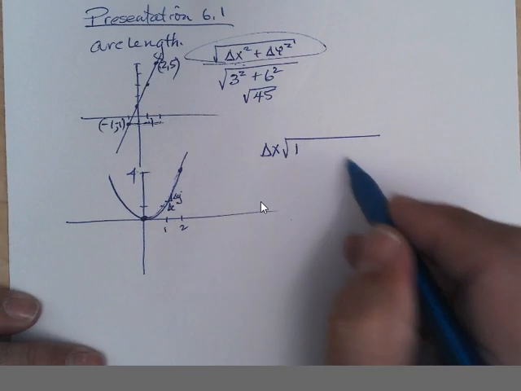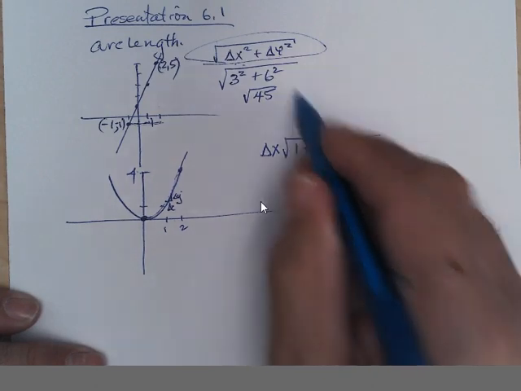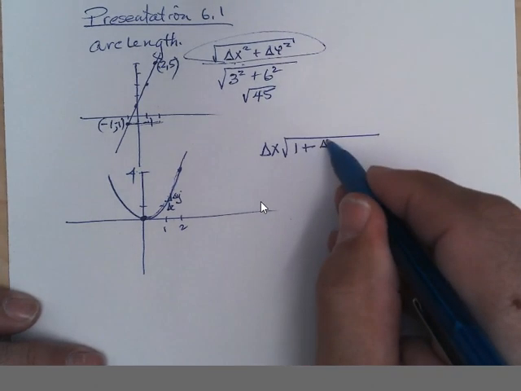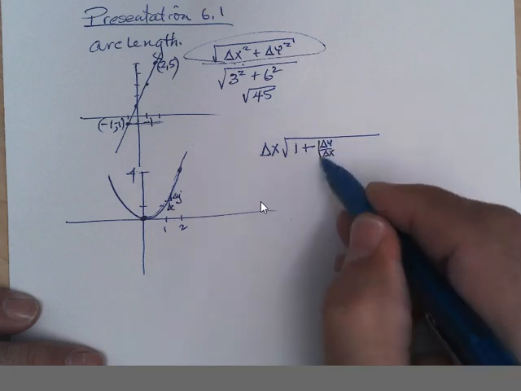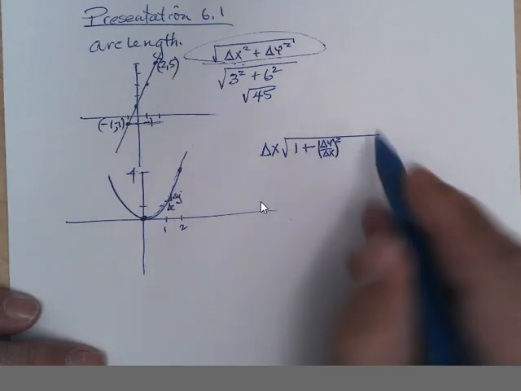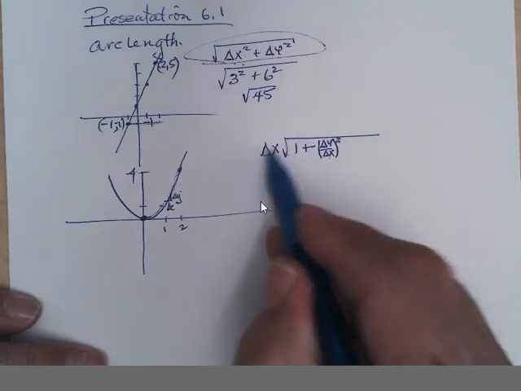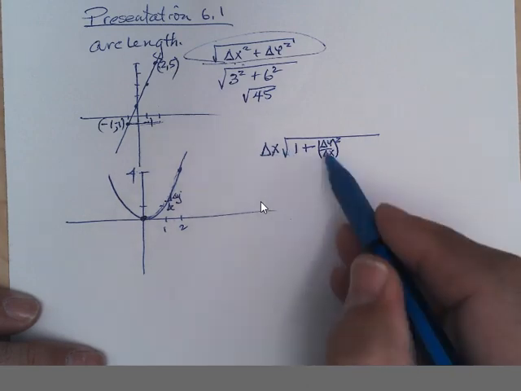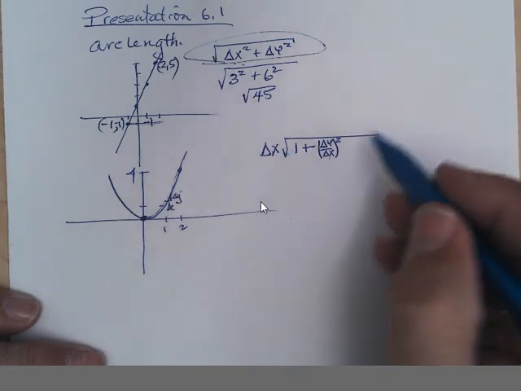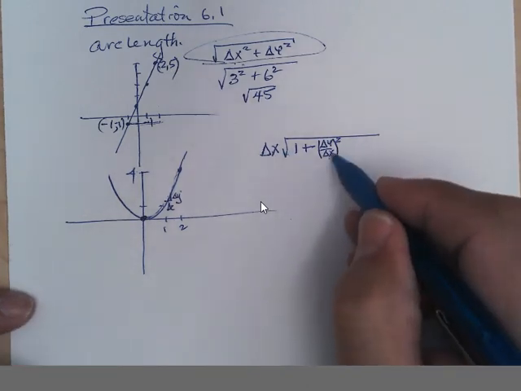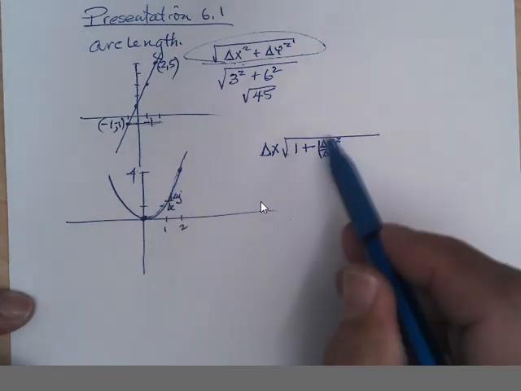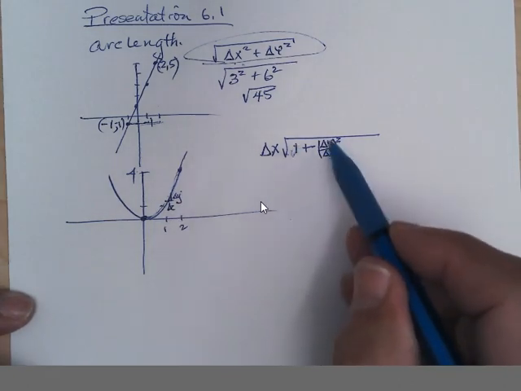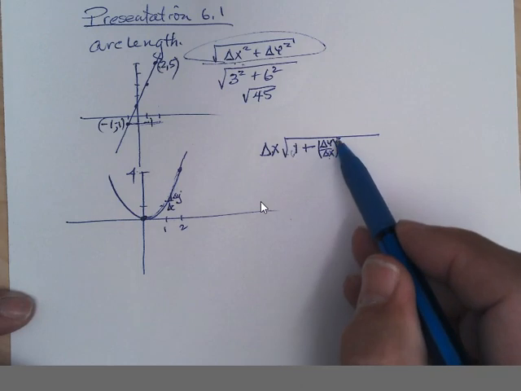This would be 1, but I have to factor it out of this, so I'd have delta y divided by delta x, squared, because they're inside. Outside it's just delta, but inside it's a square. And so I'd take the change in x times the square root of 1 plus the change in y over the change in x, dx.